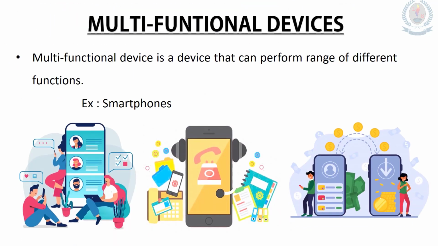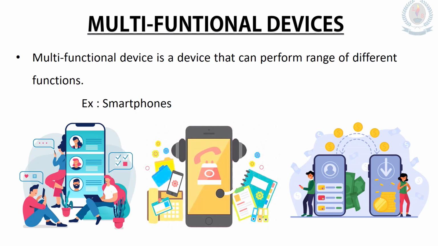Now we are discussing multifunctional devices. A multifunctional device is a device that can perform a range of different functions. A smartphone is the best example of a multifunctional device, which we are using in our day-to-day life. The primary function of a smartphone is making phone calls.